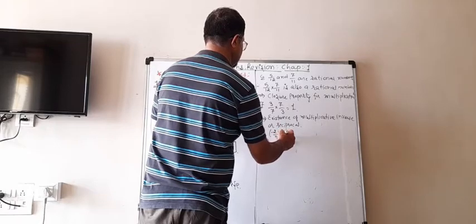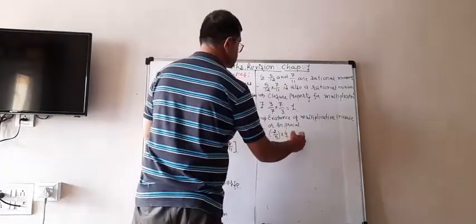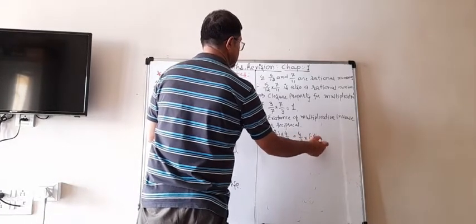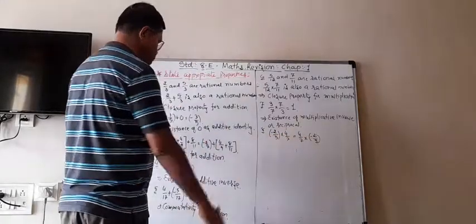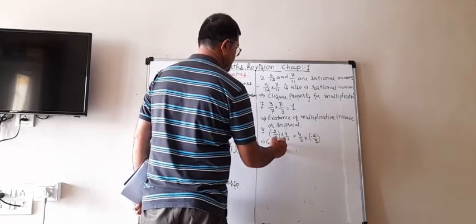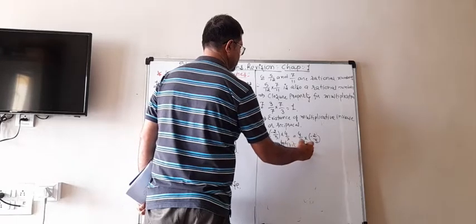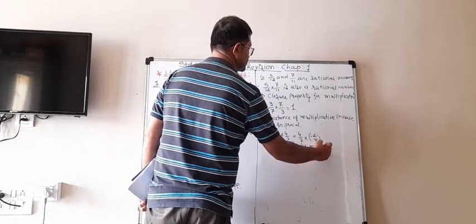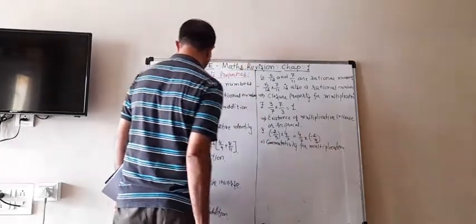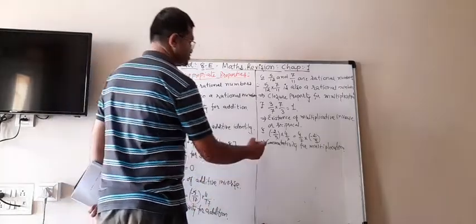Then next, minus 2 upon 5 multiplied by 4 upon 7 equals 4 upon 7 multiplied by minus 2 upon 5. It is the same as before, but it is commutativity for multiplication.